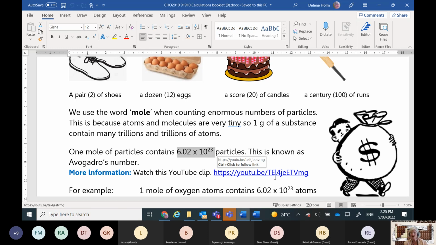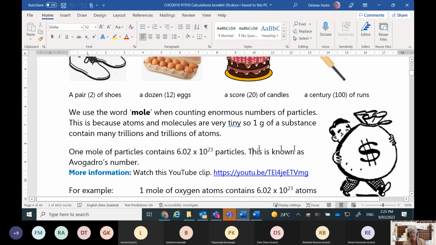Just make sure on your calculator you can use the exponential button, because that's what you're going to need if you're asked for the exact number of atoms. In chemistry, we don't really ask for the exact number of atoms because they're so tiny, so we tend to group them as mass.